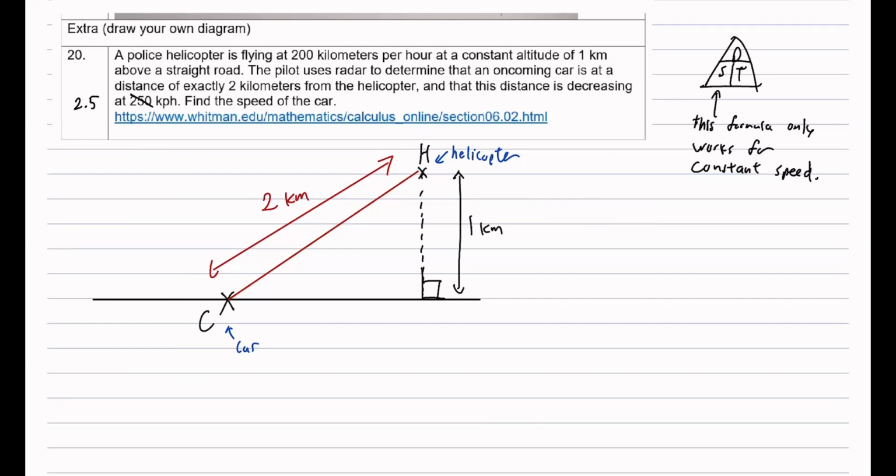It means that we probably need to replace some of the lengths with variables. This is at a particular point in time. But we want to find out the speed of the car, which is really just distance divided by time. But the speed is definitely not constant.